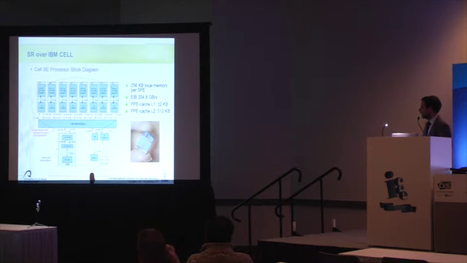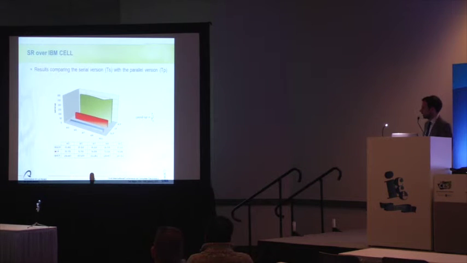As you can see in here, we have a general bus of more than 200 gigabits per second, and this connects the 8 synergistic elements, each with 256 kilobytes, to the memories of the main processor element, the level 1 and level 2 caches. And these are just some results.